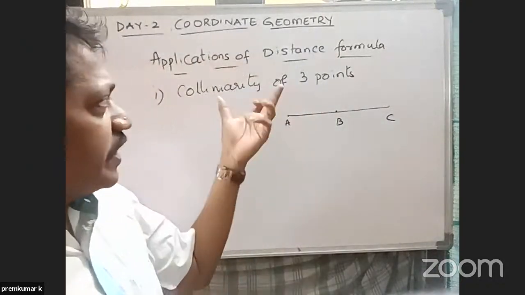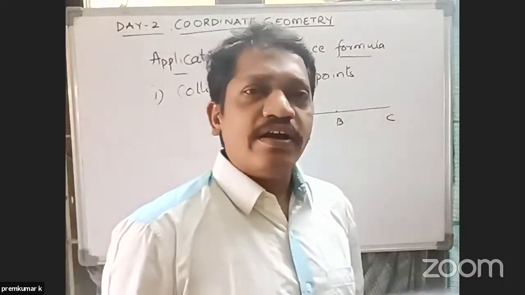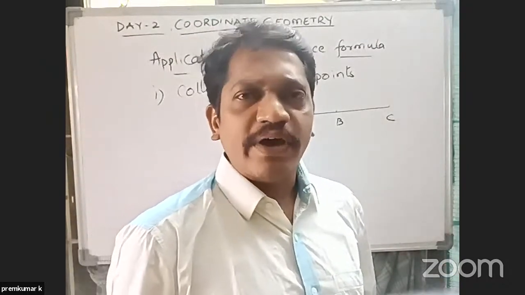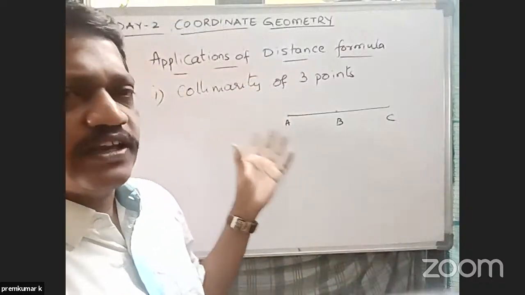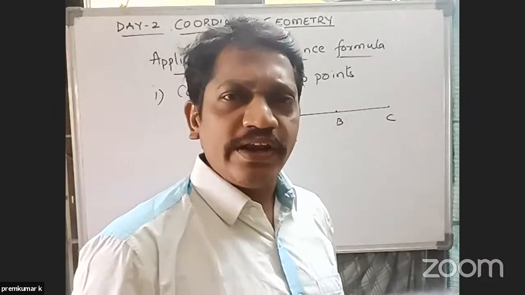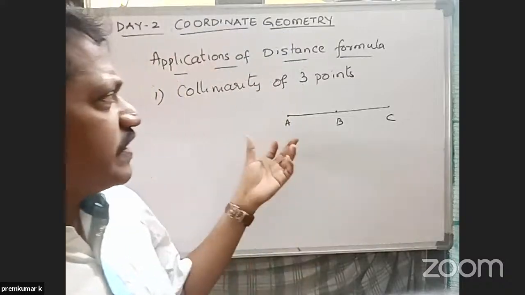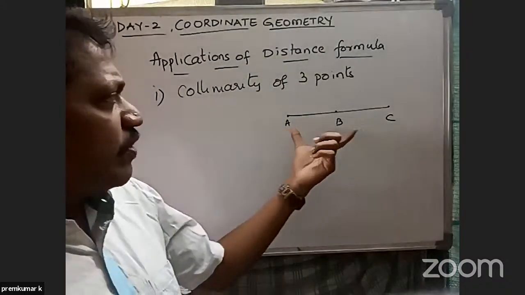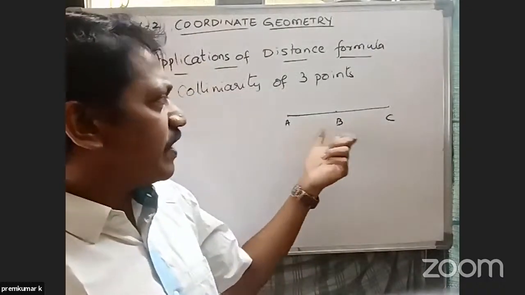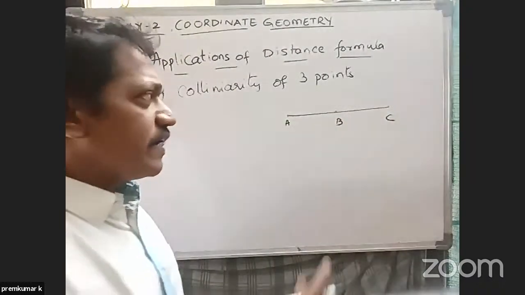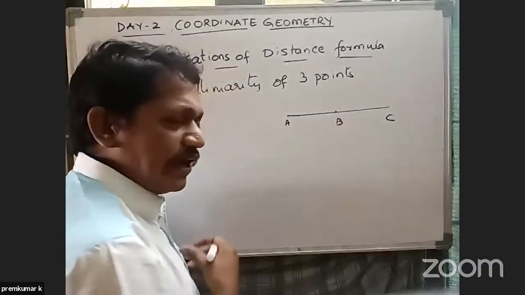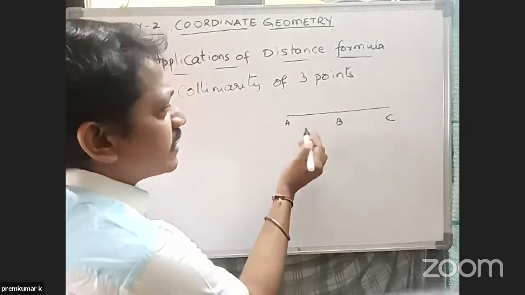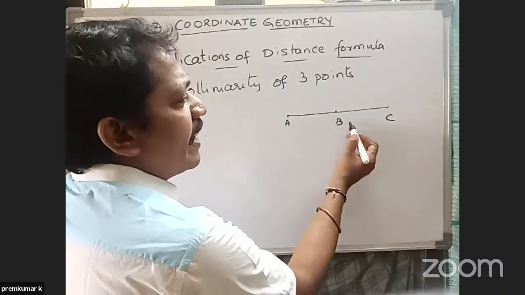Now, if 3 points are given in your textbook or in your exercise 7.1, find whether these 3 points are collinear or not. How to go about it? If you want to show that these 3 are collinear, you can find by observation. Suppose we find the distance from here to here and here to here.